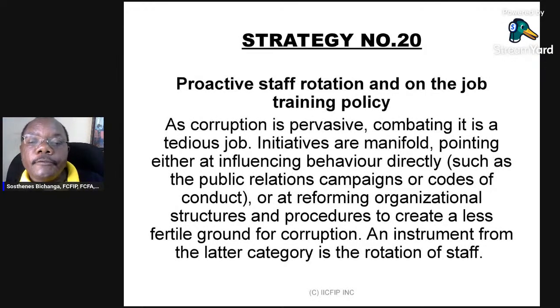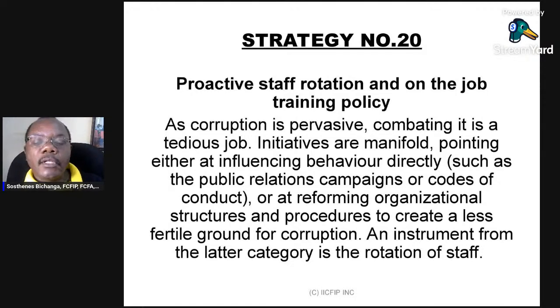On-the-job training, allowing staff to share duties of their juniors and seniors while they are on leave, is like training them to take over when a vacancy arises. I have seen cases where a staff member is appointed to take over from his senior, and then discovers that the senior has been sitting on fraud.